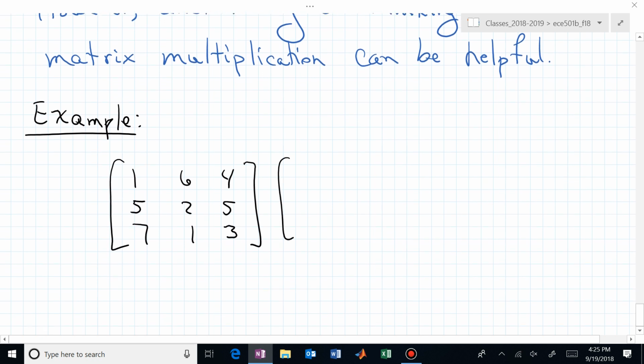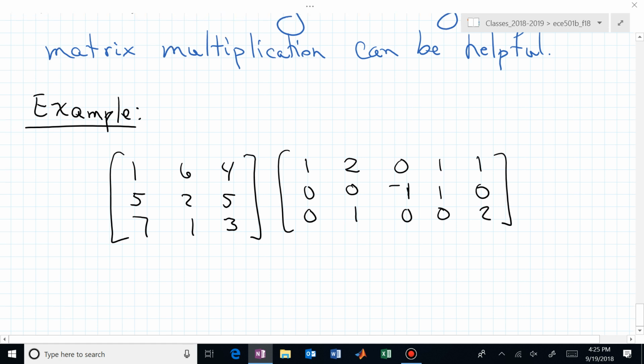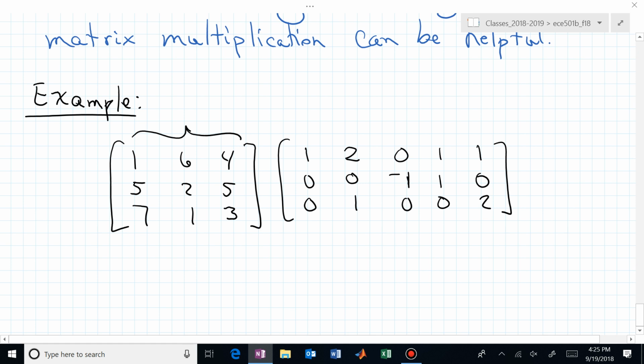And now we want to multiply that by a 3 by 5 matrix, where the columns of the second matrix are 1, 0, 0; 2, 0, 1; 0, -1, 0; 1, 1, 0; and 1, 0, 2. So here is A, and there's B.